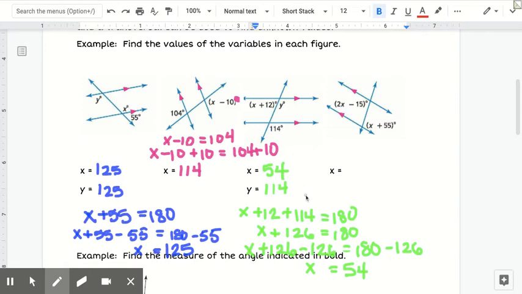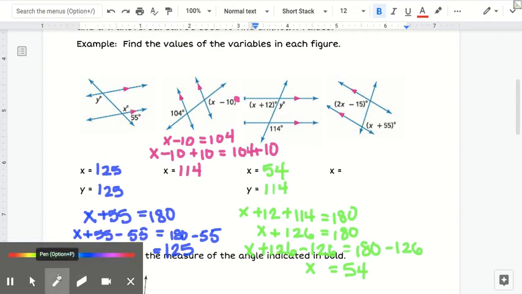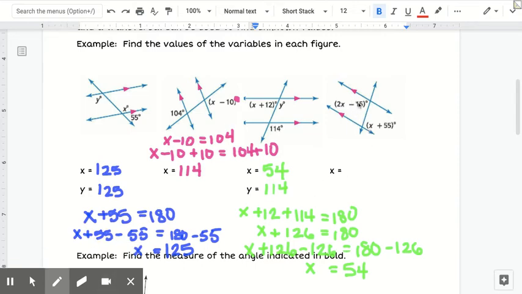All right, on our last one, the two angles that we have both have x's involved in them. There is a relationship between those two angles. This one is this angle up here, and this one is this angle down here.